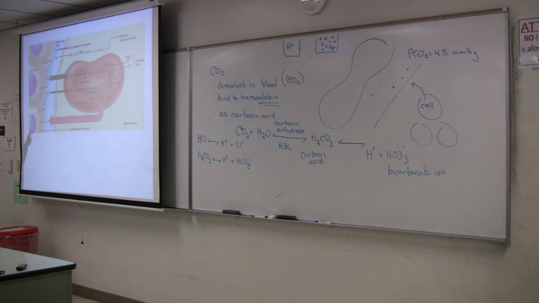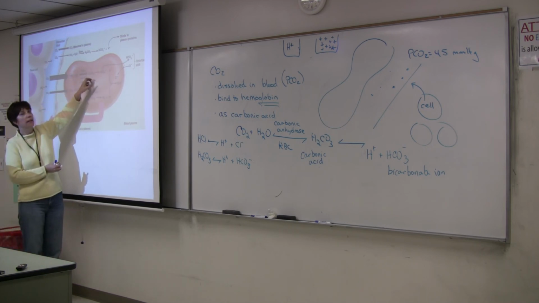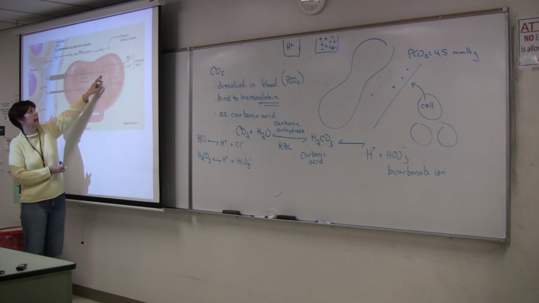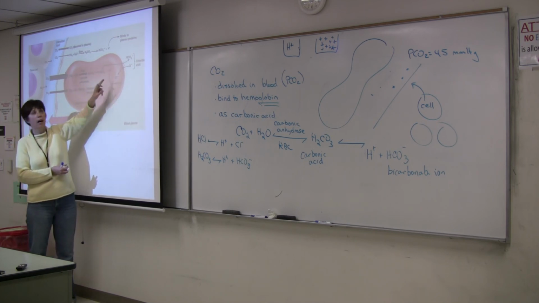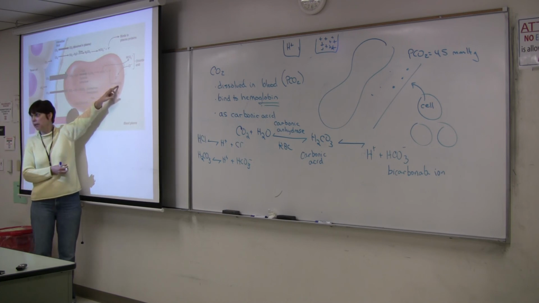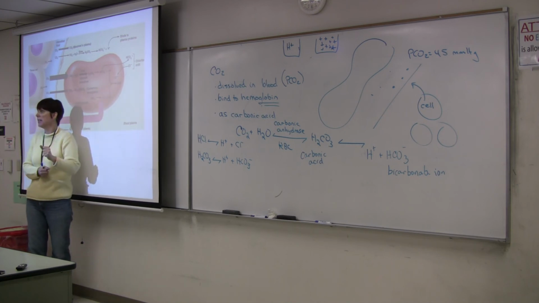Okay? So in the red blood cell, here we have carbon dioxide coming in, binding with water, creating carbonic acid. Some of that will dissociate to form a bicarbonate ion and hydrogen. Hydrogen will bind to hemoglobin. Hemoglobin is a protein. Proteins are good buffers. As soon as the hydrogen binds to the hemoglobin, is it going to affect the pH anymore?